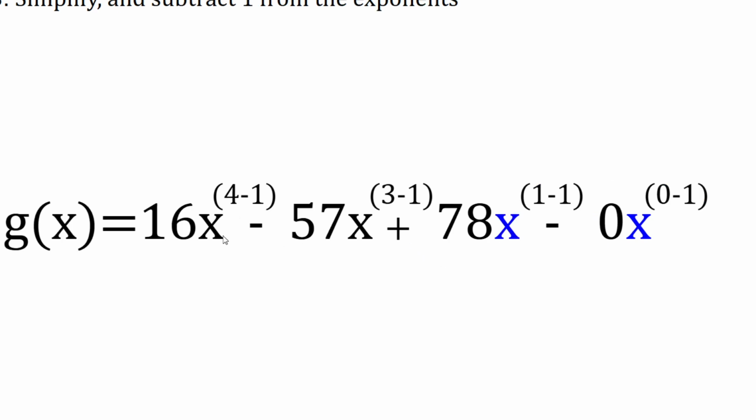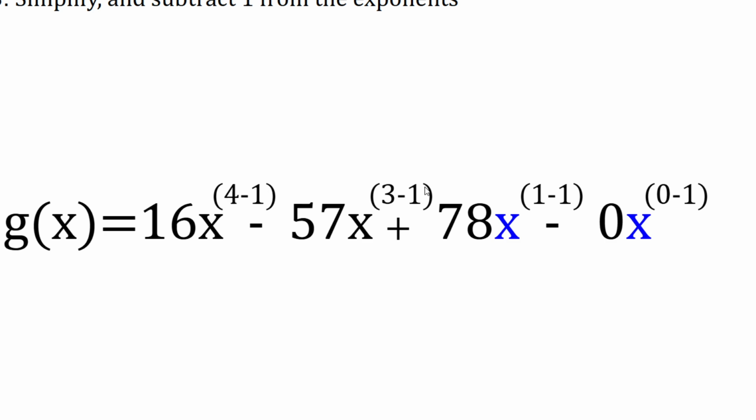And this gives us 16 as it was 4 times 4, 57 as it was 3 times 19, 78 as it was 1 times 78, and 0 as it was 0 times 9. And the next step is to subtract 1 from the exponents as shown in the power rule.